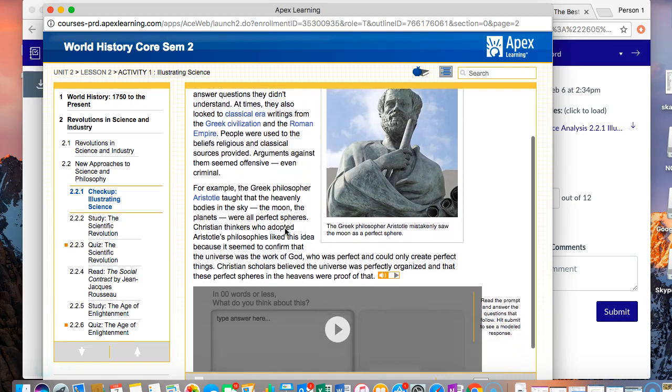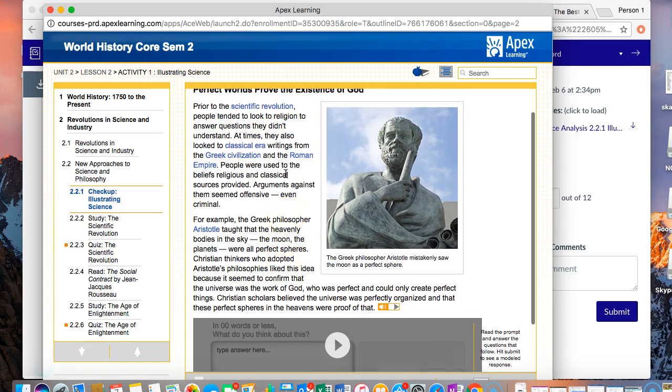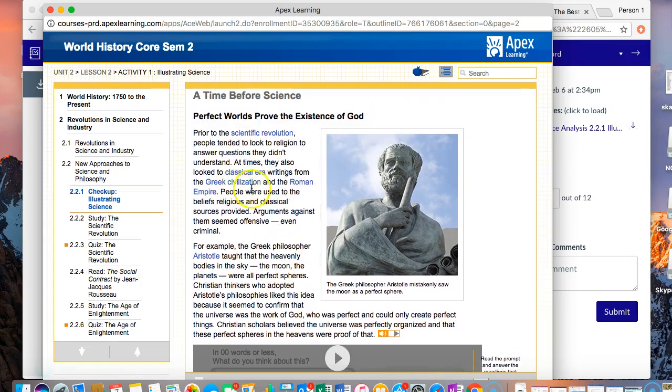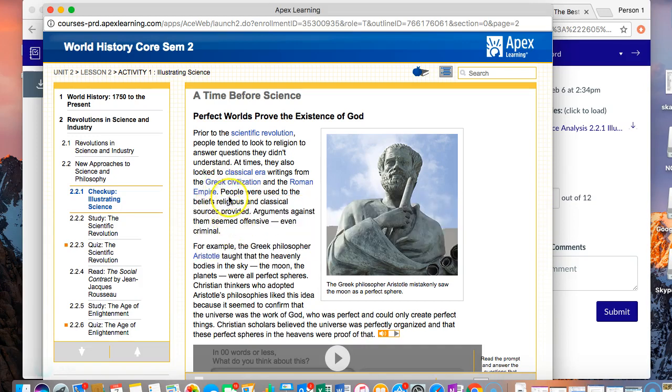And so we can say that these scientists are influenced by Greek civilization and the Roman Empire. And then you probably want to use some of this information here. Now, Cody, you don't want to copy. You want to talk about, put these in your own words, talk about what people were used to believing, okay, from the Greek civilization and the Roman Empire.